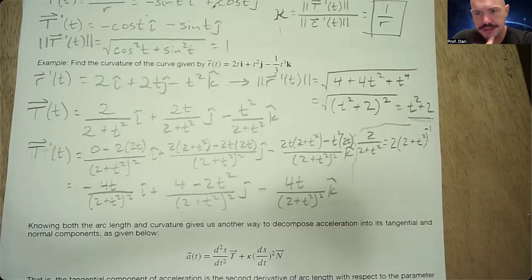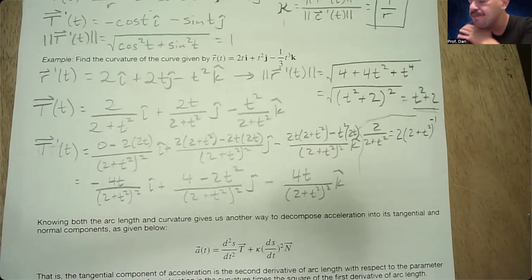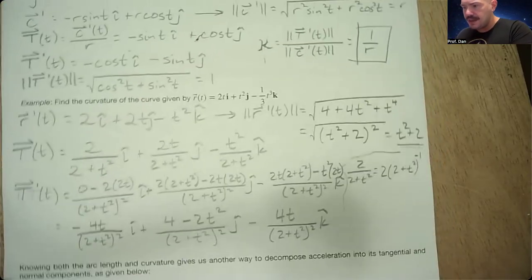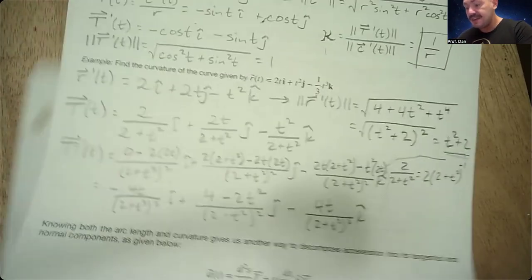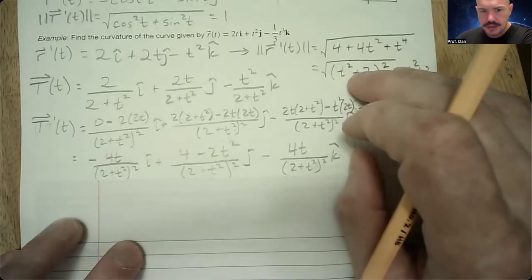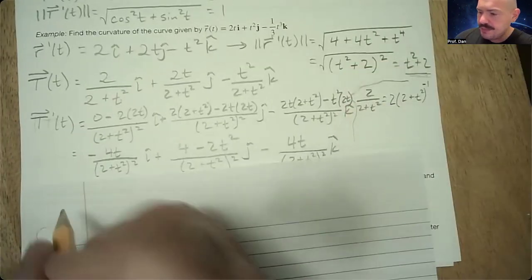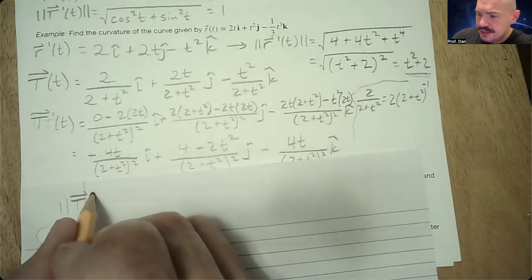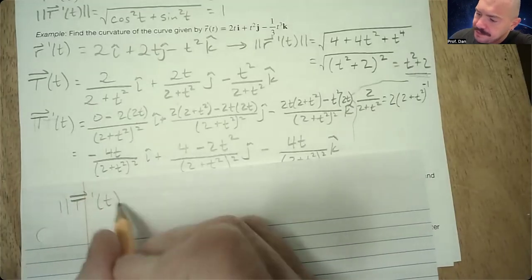All right, which ends up matching what we got for the i component. So with that, we've already got our T prime. We already know what the magnitude for R prime is. So we are going to write out the magnitude for T prime and use that to get our curvature.